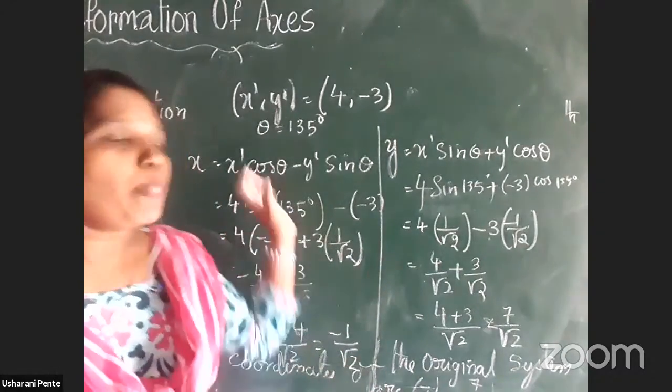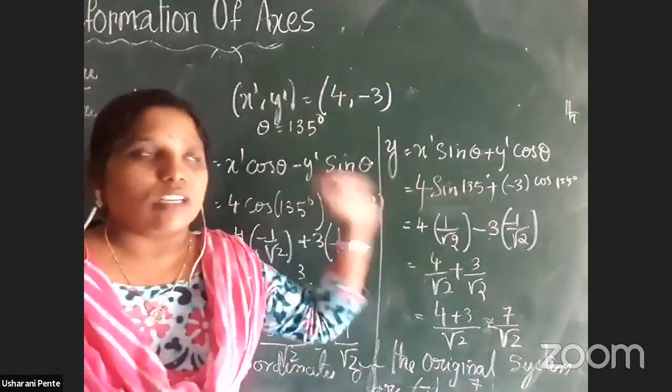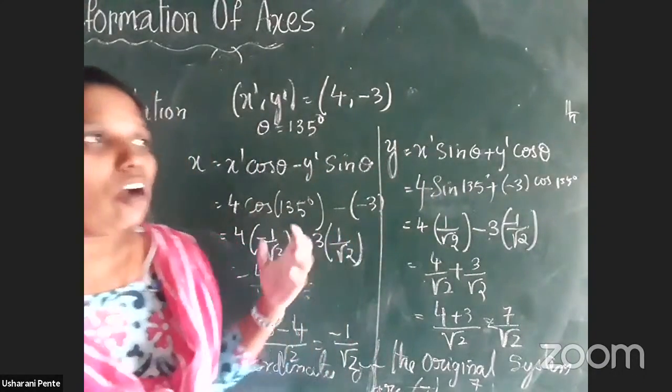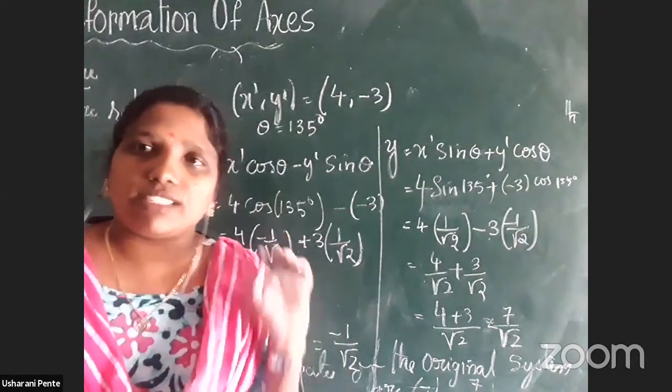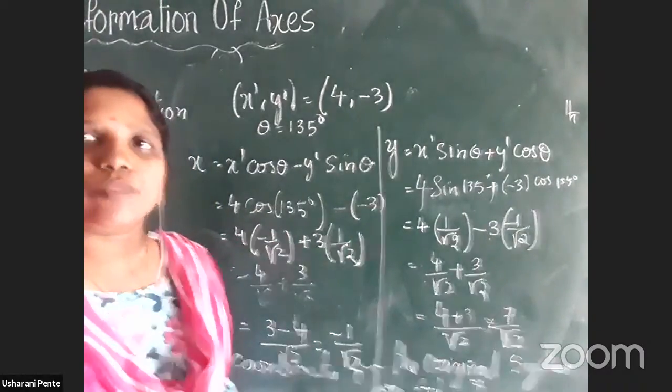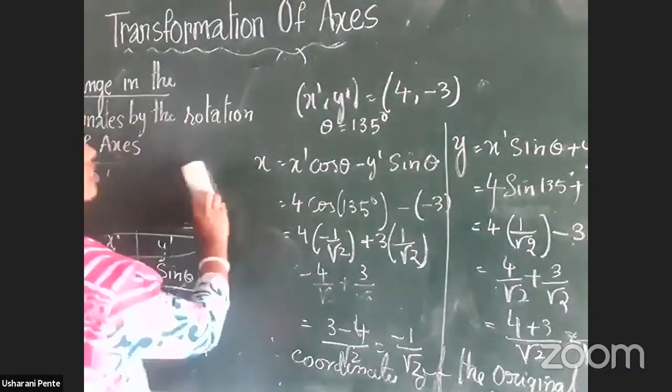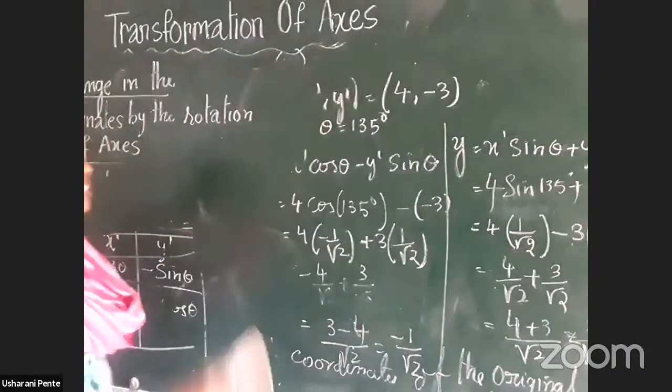If they give the coordinates of the original system and the theta value, then we can find the coordinates in the new system. These are all the points we discussed today.